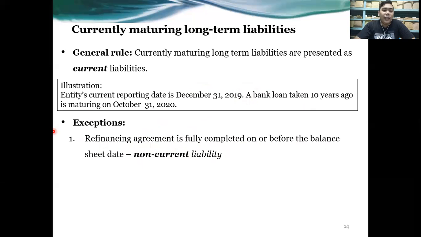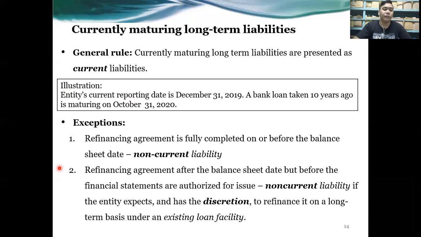Kaya i-refinance mo siya. Hindi na siya mag-due sa October 31, but mag-due na siya, for example, after 2 years or after 3 years, depende sa imong refinancing agreement. Okay? Natawag pala nga extended maturity date.